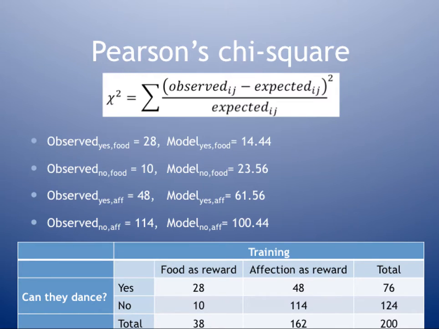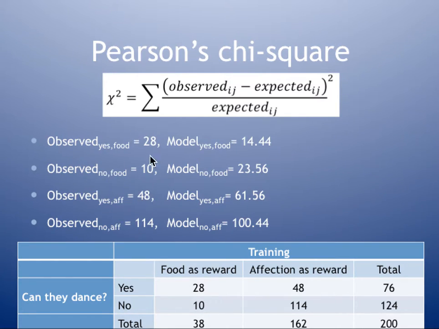All right. So we now have everything we need, even though you might not realize it yet. We have our observed frequencies for each of the cells. So for yes and food it is 28, for example. And we've calculated the model for each of them. So in the case of 2 slides ago, we saw that we would expect the food and yes cell to be 14.4 if it were just chance alone.